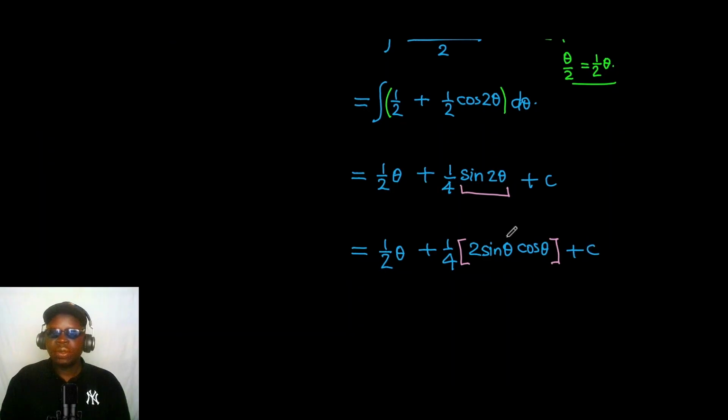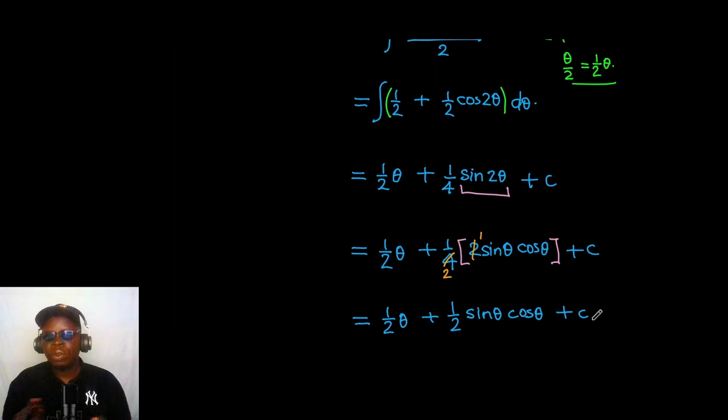Now we can reduce this by 2: 4 divided by 2 is 2. So we have 1/2 theta plus 1/2, multiplied by sine theta cos theta, plus our constant.